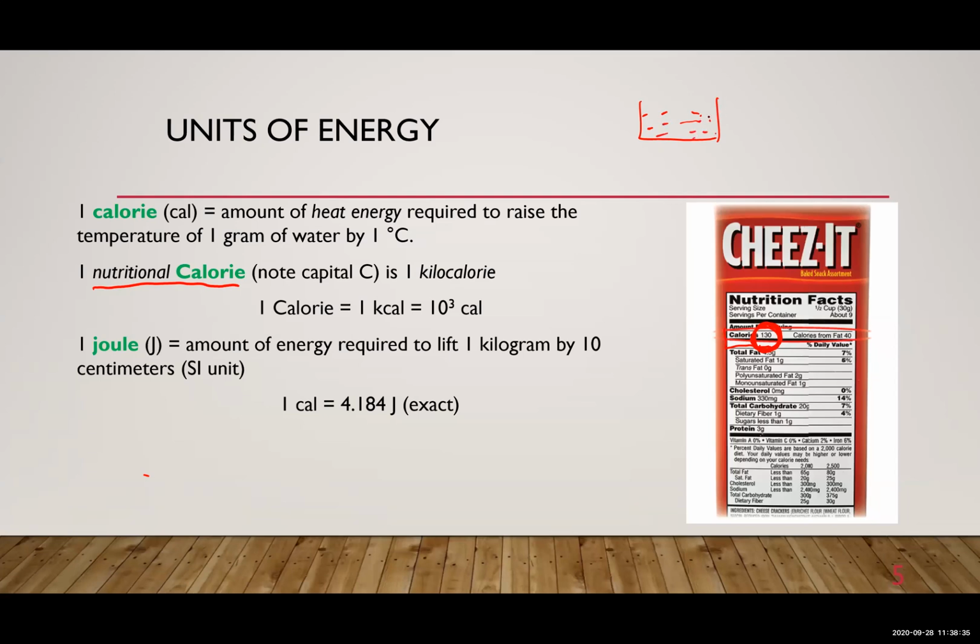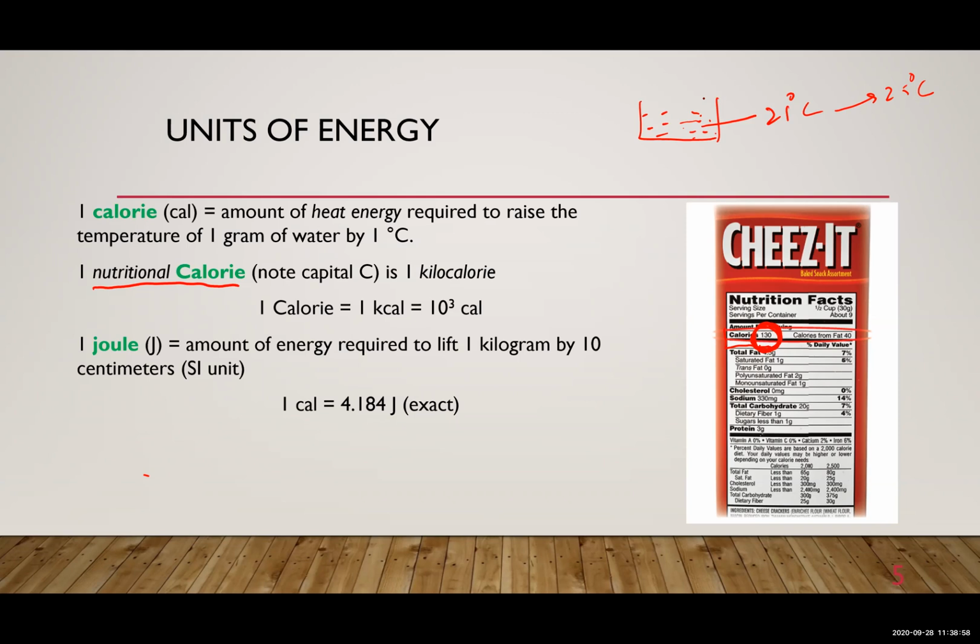Let's say the temperature of the water is 21 degrees Celsius. It could be any temperature, right? What if I want to increase the temperature from 21 to, let's say, 25 degrees Celsius? I want to take the temperature of the water up. What do I need to do?